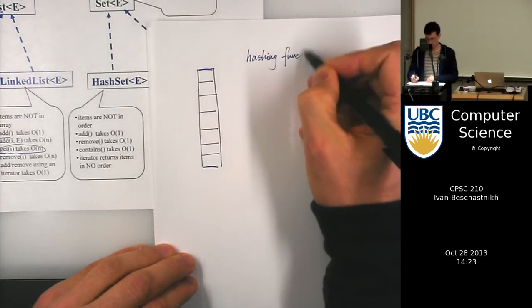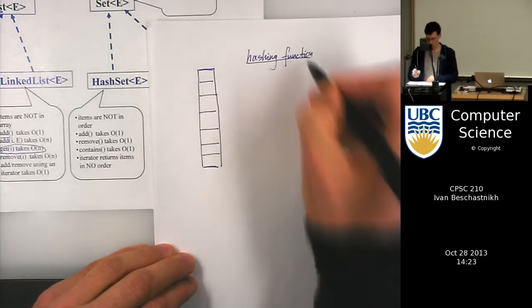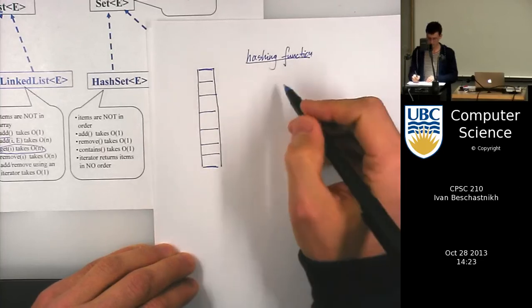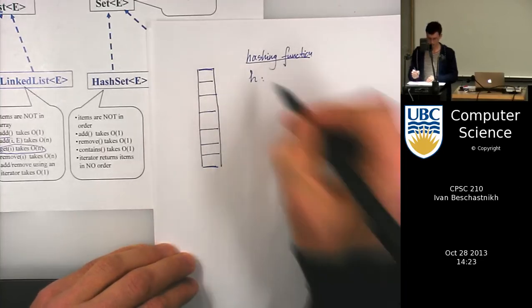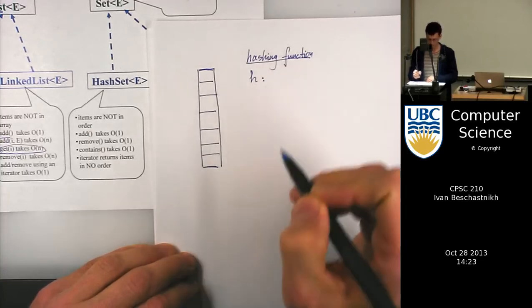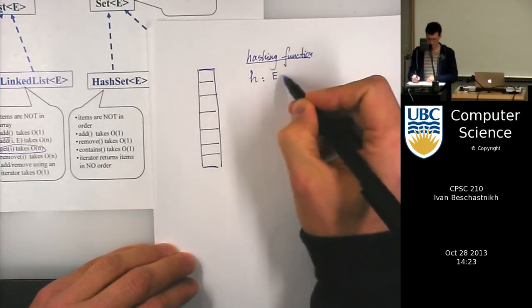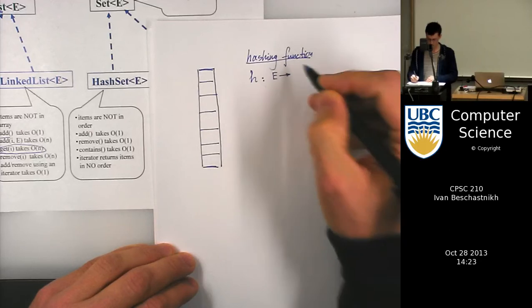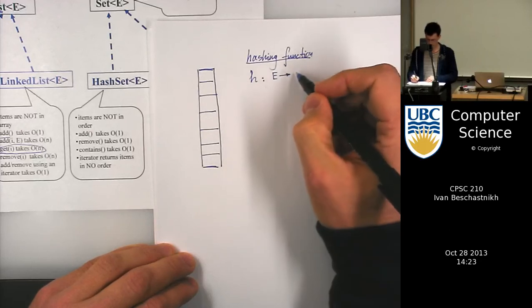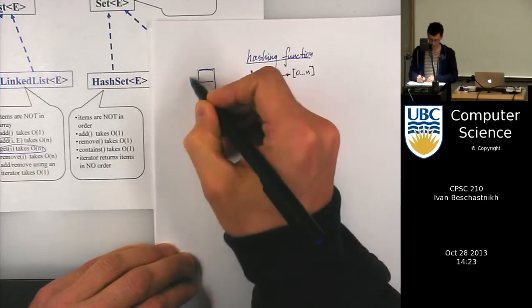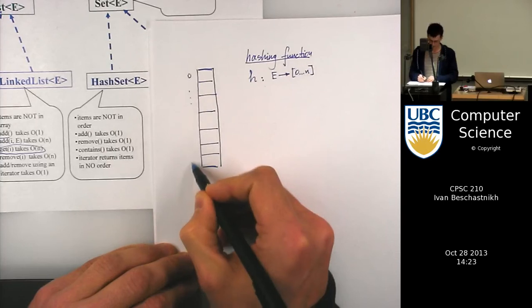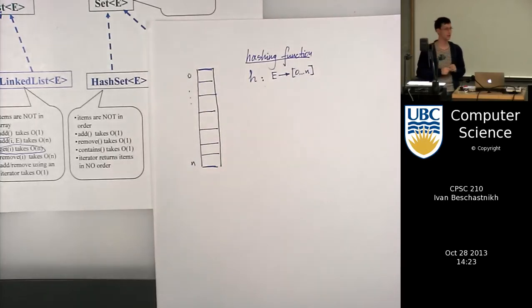So a hashing function, the way to think about this function is that, let's say it's h. My hashing function h goes from some element e to something like 0 through n, where I have n positions in my array.